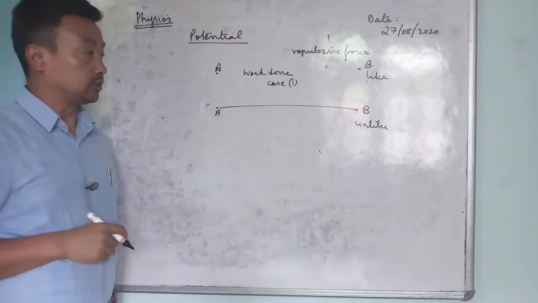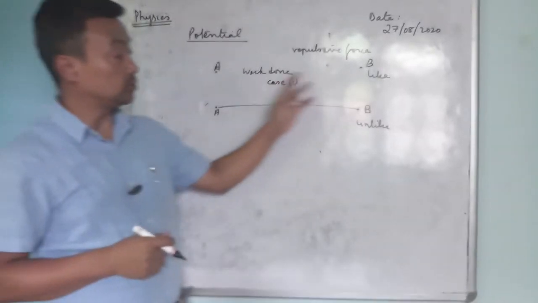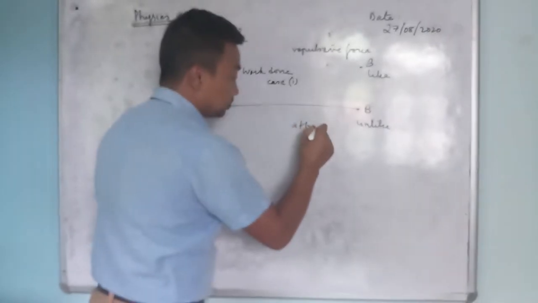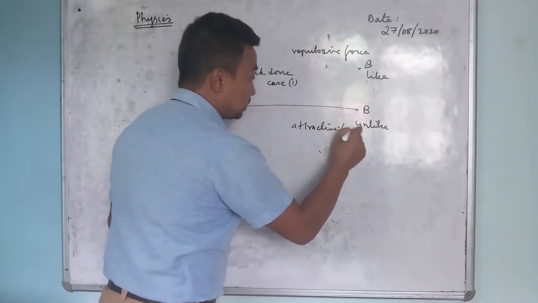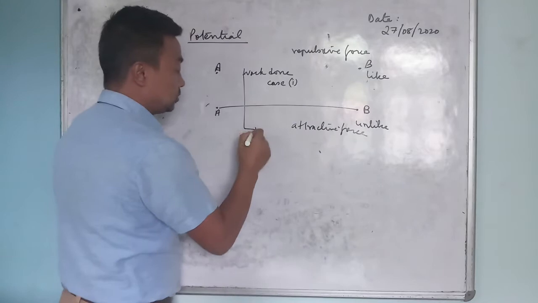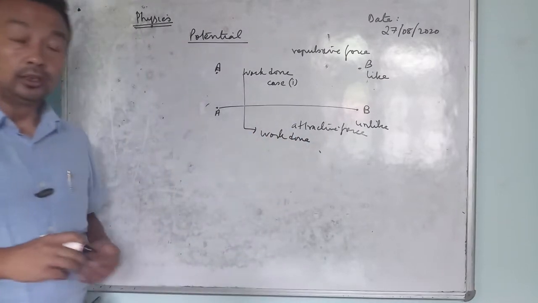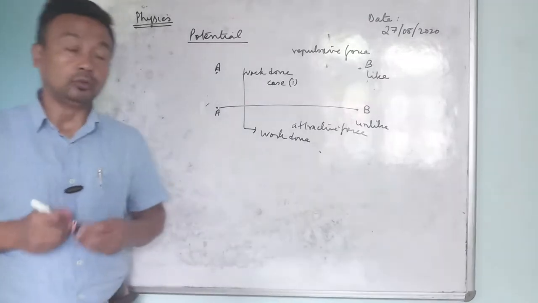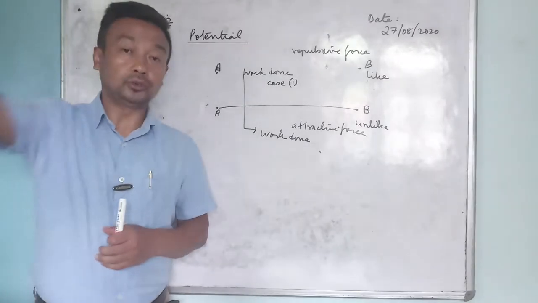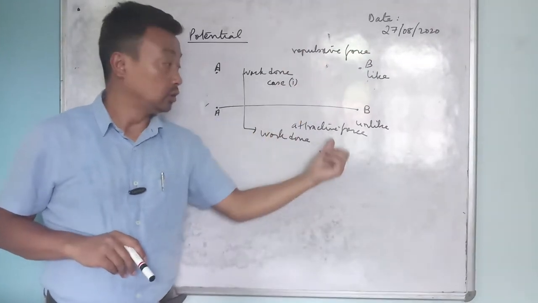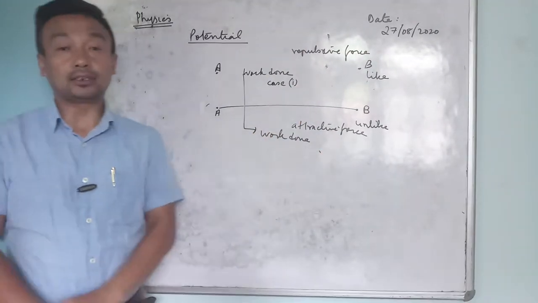And when you take the charge to the region of unlike charge, then you have a force of attraction, an attractive force. But in both cases, what we observe is that there is work done. So work is done basically when you carry a charge from one region to another, either due to the repulsive force or by the attractive force.